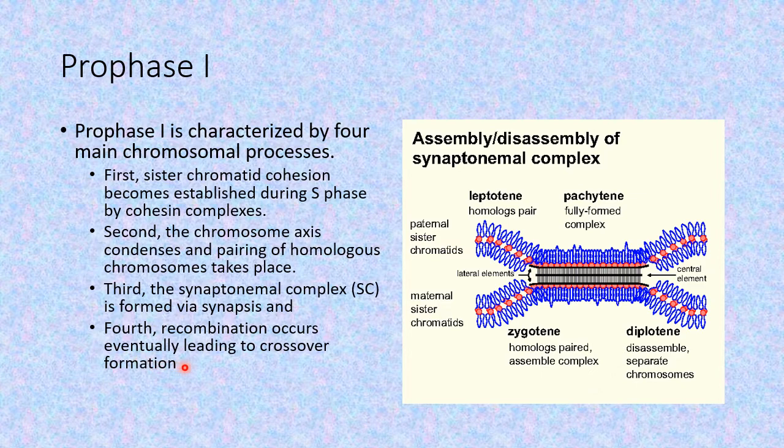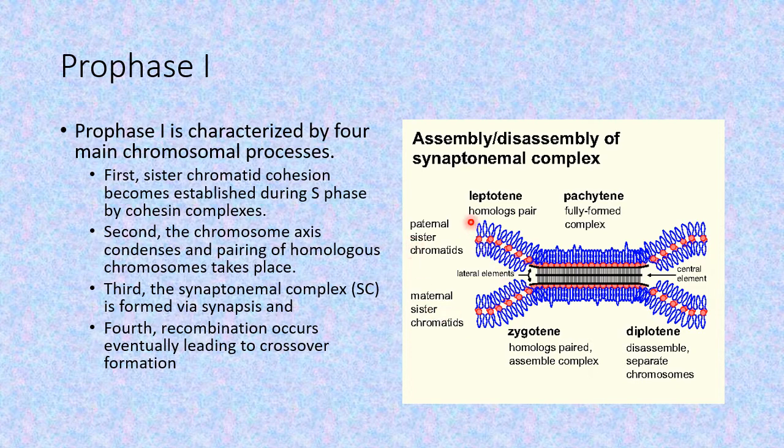And the fourth characteristic feature of this prophase 1 is that after the synapsis is established between these homologous chromosomes, crossing over takes place, a recombination takes place, the general recombination or the homologous recombination, about which we have learned in the previous video.